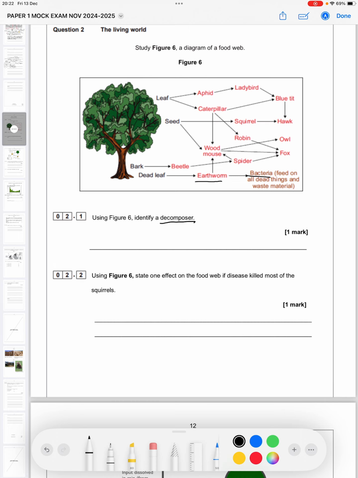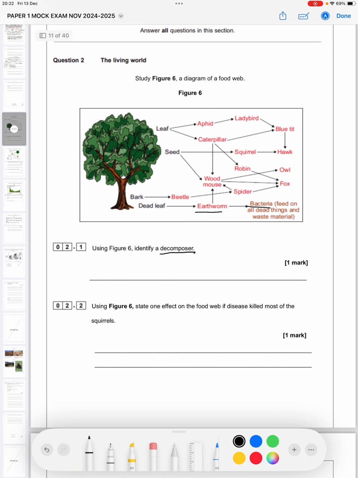Using figure 6, state one effect on the food web if the disease killed most of the squirrels. I always say to my students with this, just slow down. Read the figure, take your time. With food webs, what you have to understand is sometimes they can be going from bottom to top, sometimes they can be going pretty much from left to right, with arrows going up and down and all over.